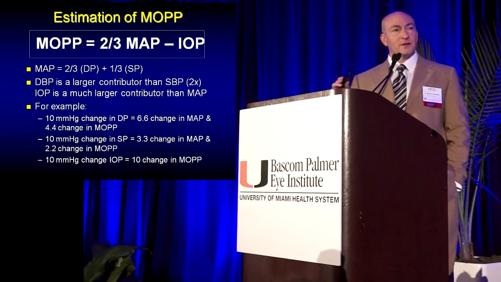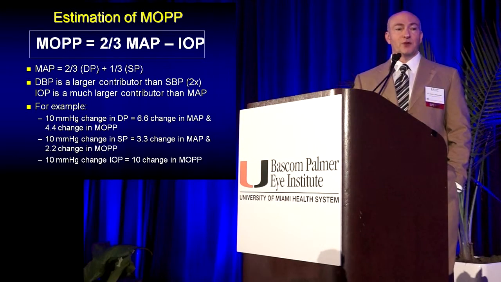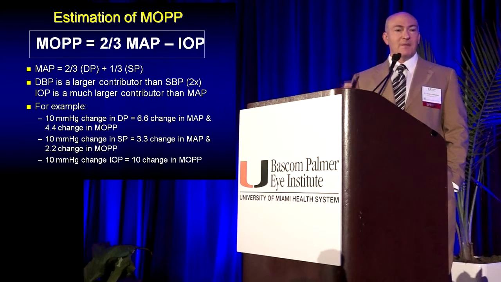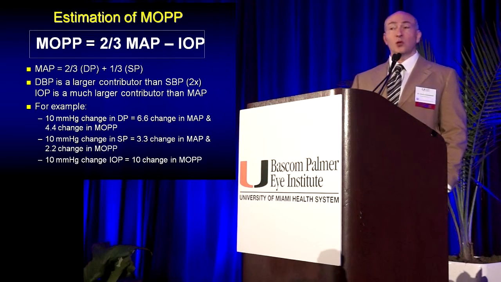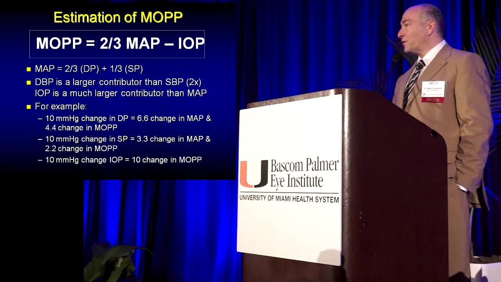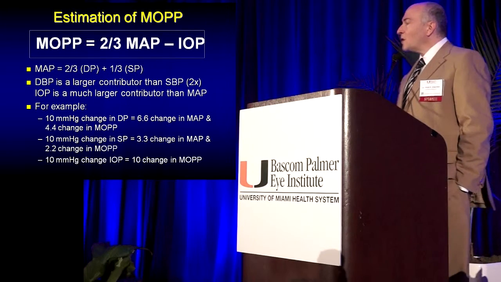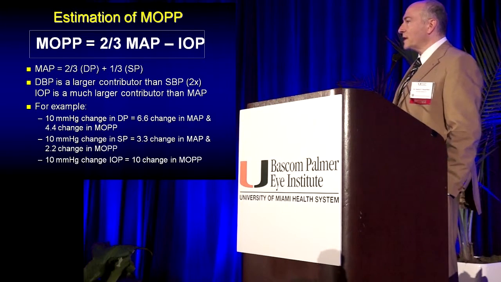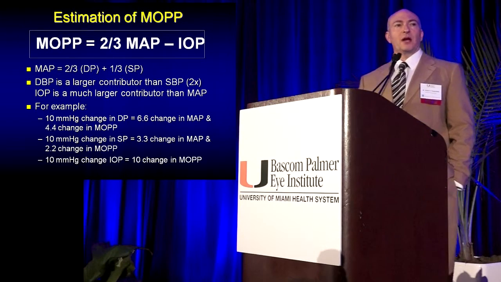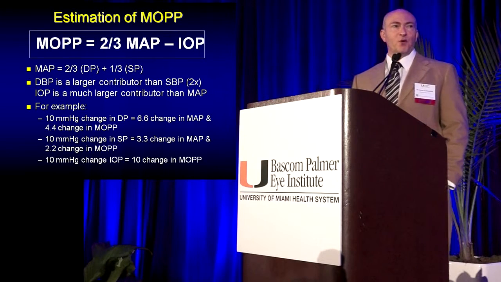obviously the most important parameter here is intraocular pressure. And it's a one-to-one relationship such that a 10 millimeter change in intraocular pressure will account for a 10 millimeter change in mean ocular perfusion pressure. But again, even though I'm highlighting how one can calculate mean arterial pressure, I don't think that this is the parameter that we as clinicians should focus on.